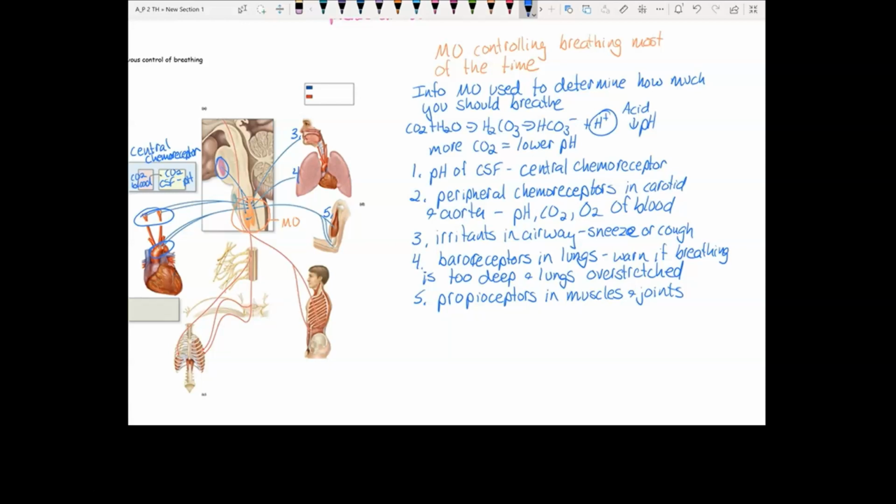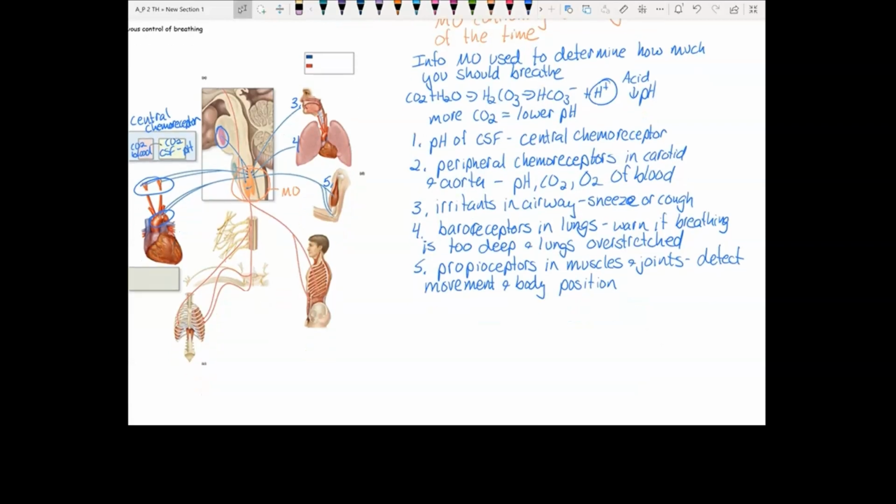They detect movement and body position. This is where if you close your eyes and touch your nose, you're using your proprioceptors. They're the ones that know where all your body parts are. They tell your medulla oblongata if you're resting or active.